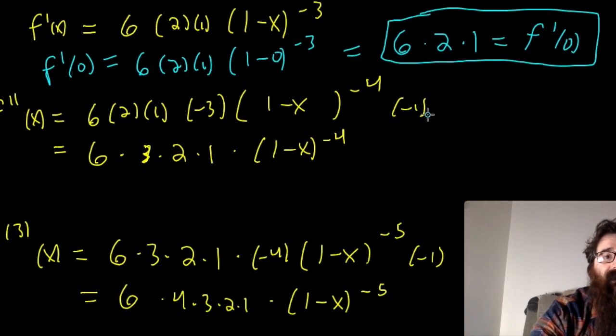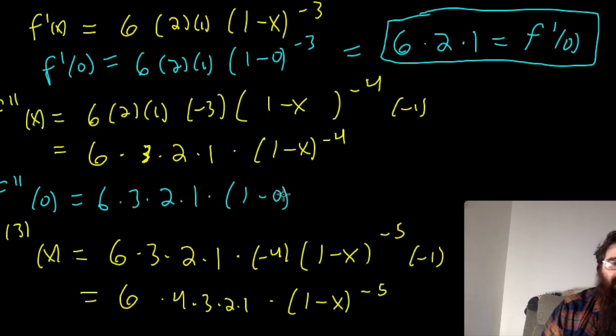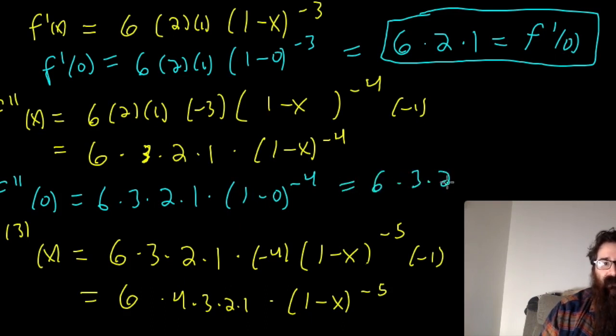If I go to my second order derivative and plug 0 in for x, so f double prime at 0, I get 6 times 3 times 2 times 1 times 1 minus 0 to the power of negative 4, and this is 1 to the power of minus 4, which is just 1. You think of it as 1 over 1 to the 4th, something like that. So this is just 1, so I'm just left with 6 times 3 times 2 times 1 for f double prime at 0.